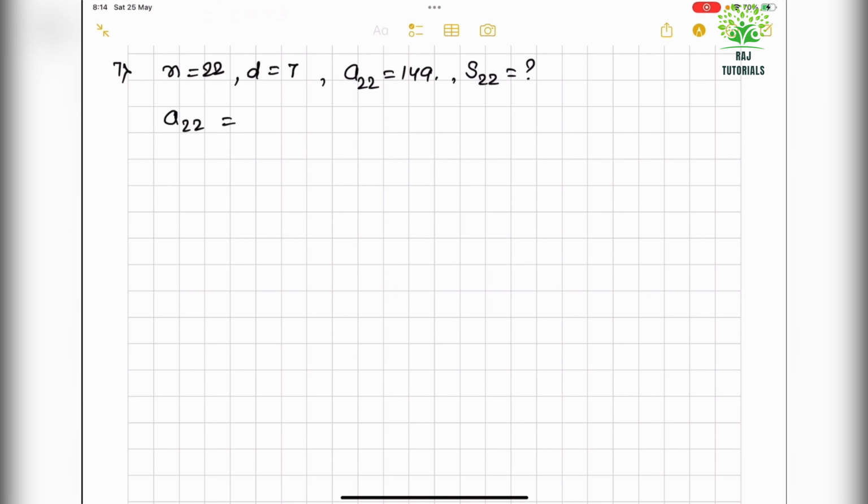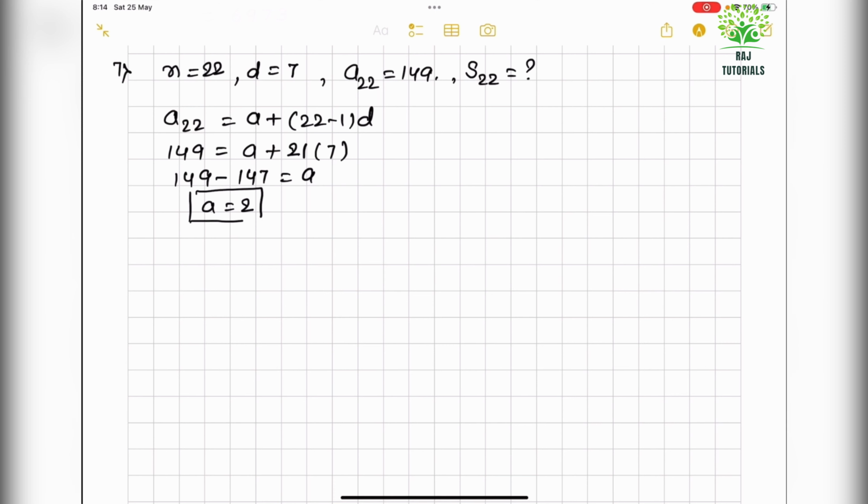A22 will be a plus (22 minus 1) d. So 149 equals a plus 21 into 7. So 149 minus 147 will be a. So a equals 2.